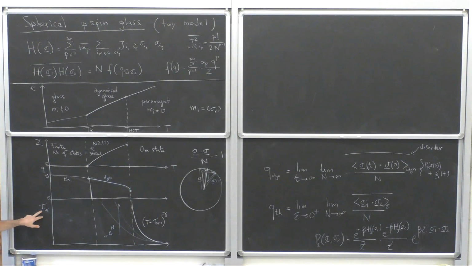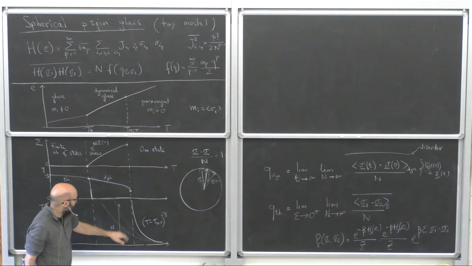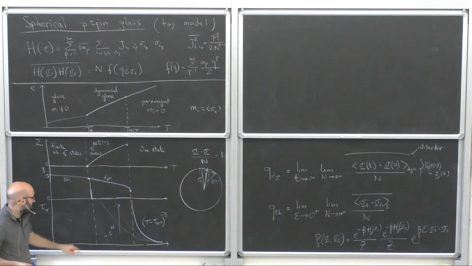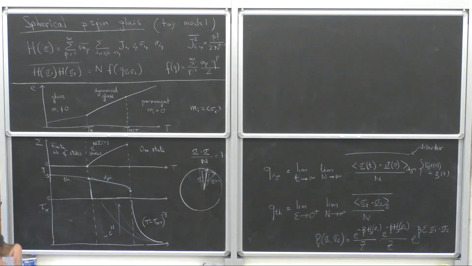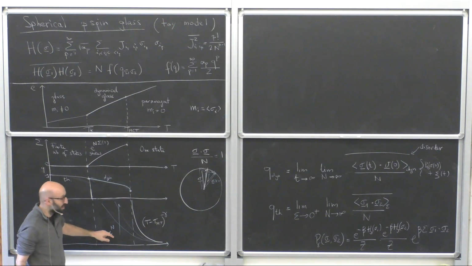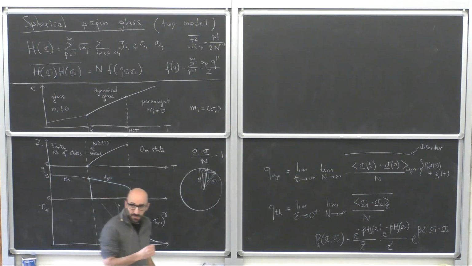And if you look at the relaxation time, I told you that it diverges at the mode coupling point. In a finite system, what happens is that the relaxation time is always finite, because at finite N you always equilibrate, but below T_MCT it will grow exponentially with the system size.